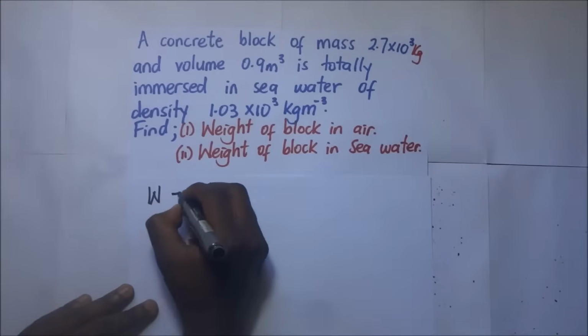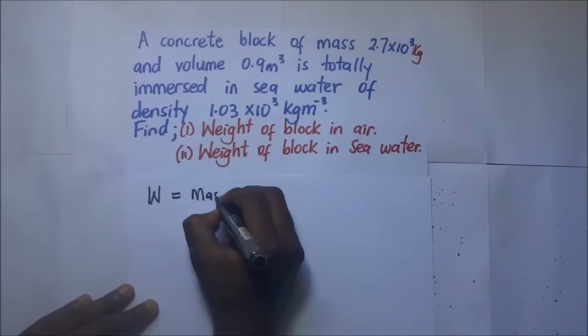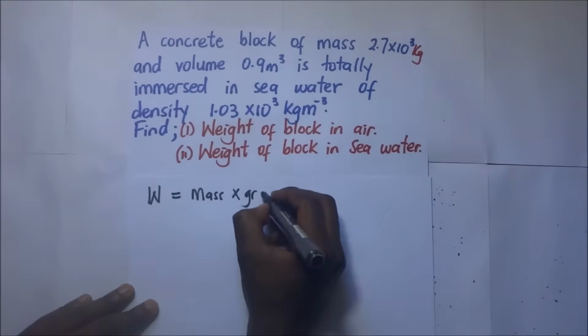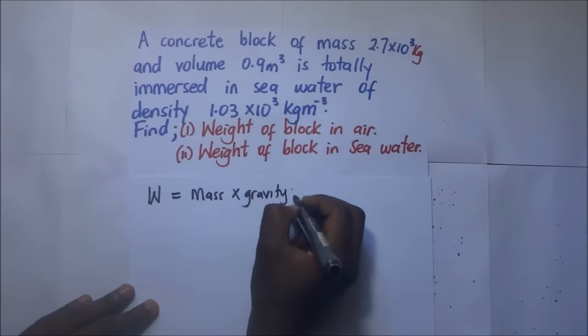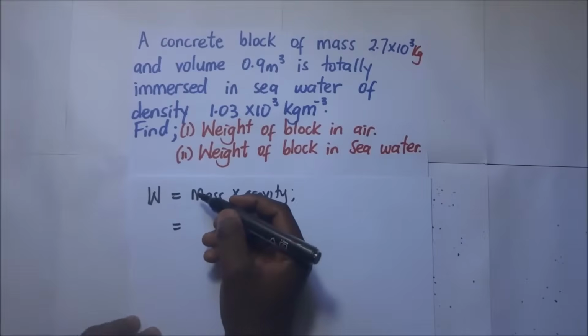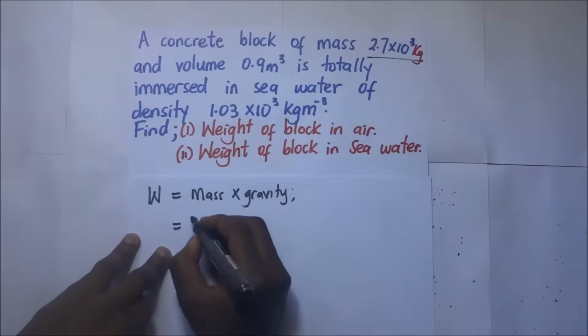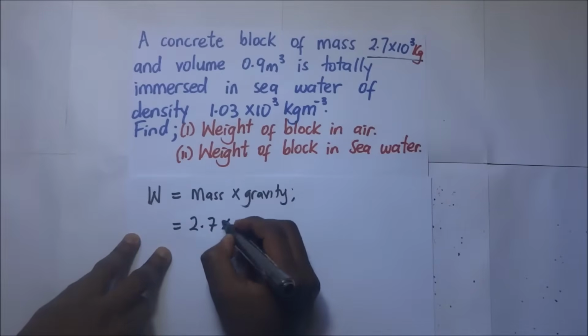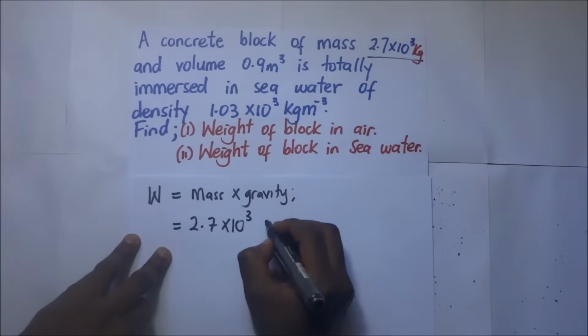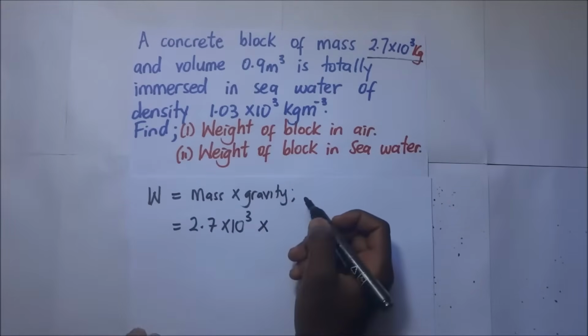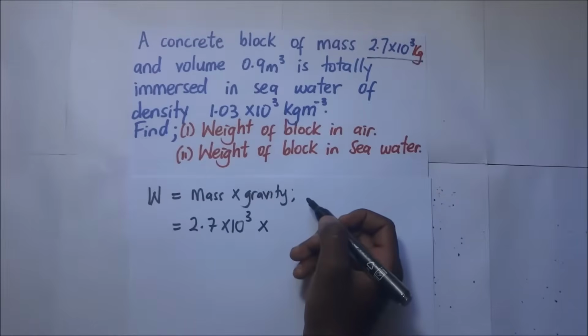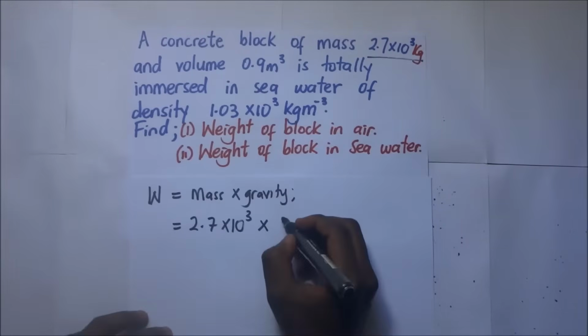We know that weight is given by mass times gravity. What is the mass of this concrete block we are talking about? The mass is 2.7 times 10 to the power 3 kilograms. Multiply that by the gravity. In all my videos, I'll be using gravity as 9.81.